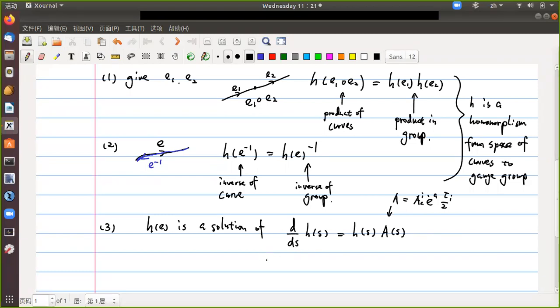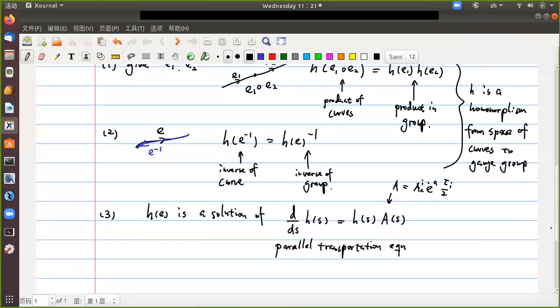This is called the parallel transport equation. It relates to parallel transport defined by the gauge connection A. Since this is an ordinary differential equation, if you want to solve it you need to set up an initial condition. Here you set up the initial condition for H, which is what you want to solve.